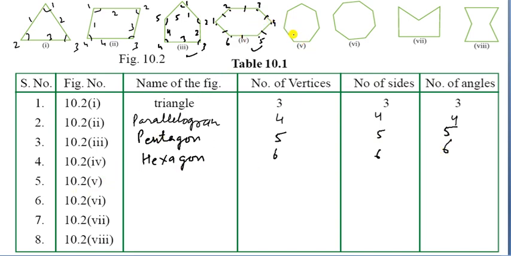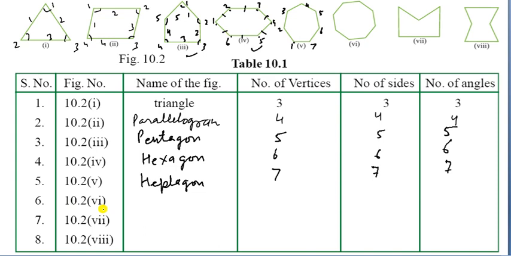Now you can see 10.2, that is the fifth figure. You can count how many vertices: 1, 2, 3, 4, 5, 6 and 7. So it has 7 sides. It is called a heptagon. 7 vertices, 7 sides and 7 angles in this.